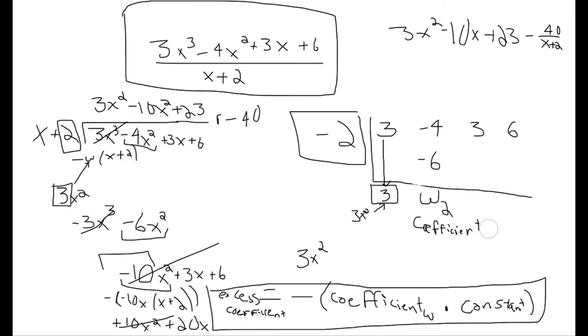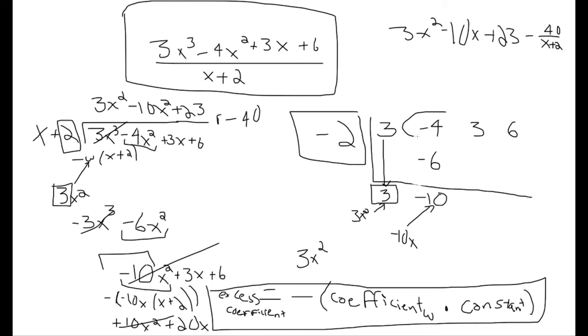Okay, now we can find out what the w sub 2 coefficient is by adding these two together. Negative 4 plus negative 6 is negative 10, right? And we know that this is going to represent negative 10x because the w is just going to have an x with a lower exponent, lower by 1 of the term that it's getting rid of.